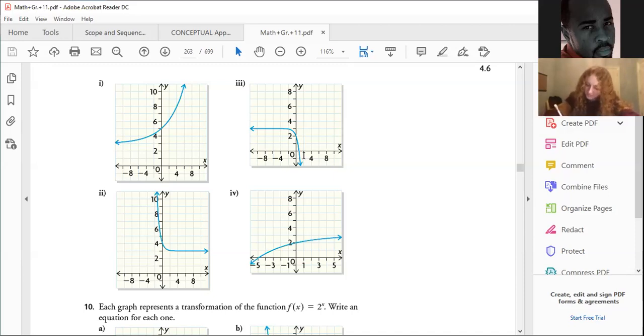C is a decay, and also is D. Hold on. There's a negative exponent, which will be a reflection. So the negative exponent and the fraction. Oh, that's not a fraction. That's a whole number. It's gonna grow. D is 1. The y-intercept you're saying is 1?